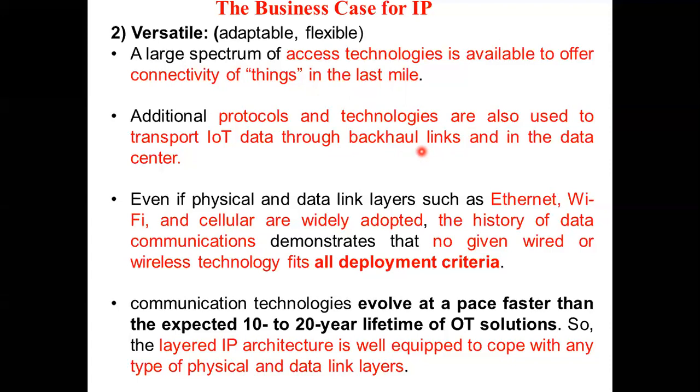Those routers help move the data from your place to the destination, maybe the cloud or some other place. Those are the backhaul links we call. Backhaul links have good bandwidth, and they transfer your data very fast.